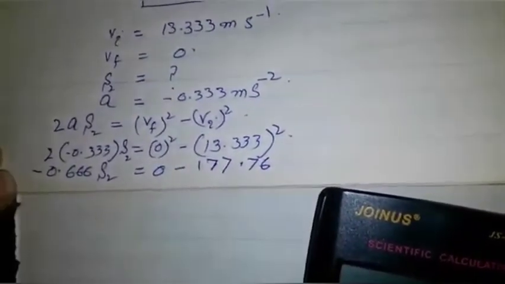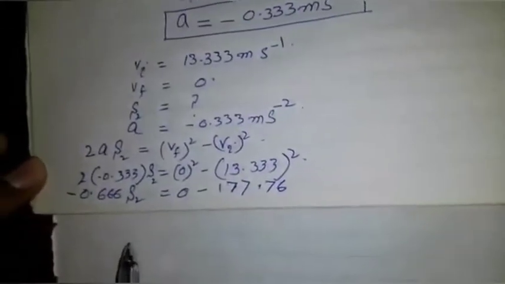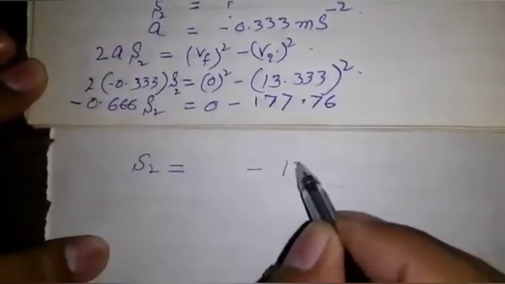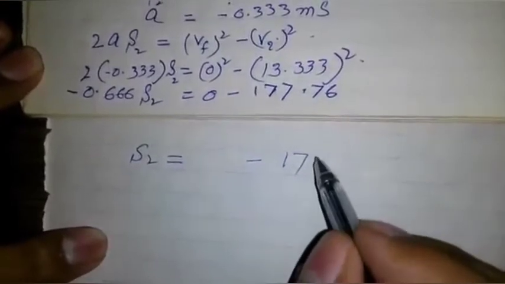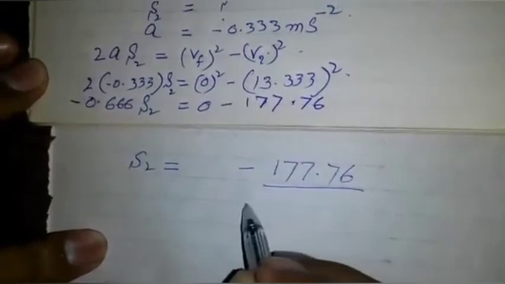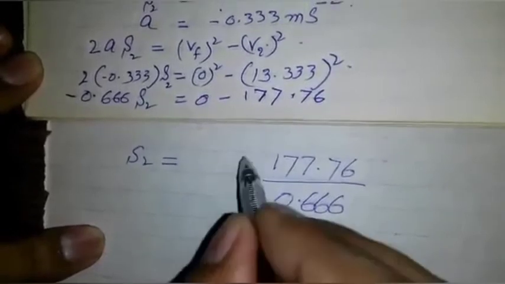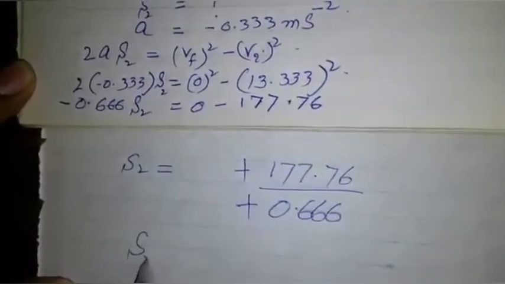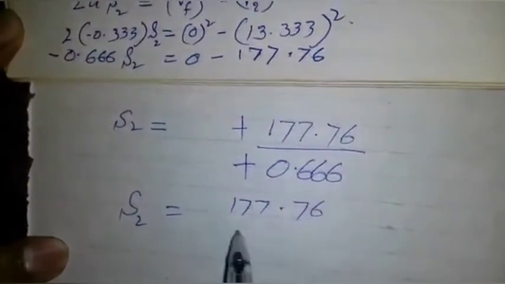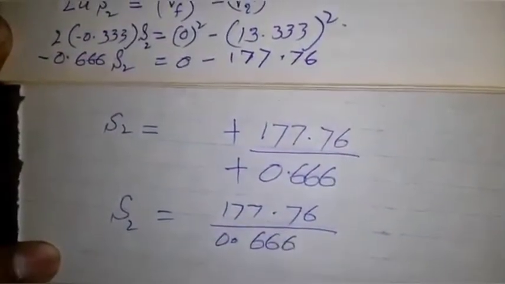177.76. S2 is equal to minus 177.76 over minus 0.666. Minus, cancel the minus, and S2 is equal to 177.76 over 0.666.